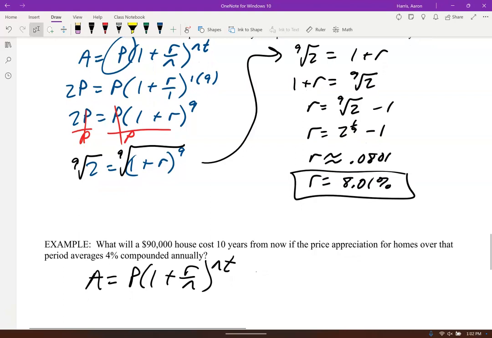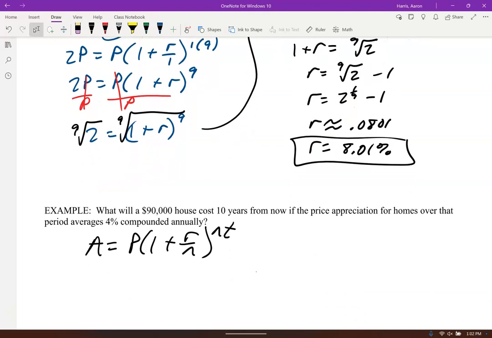So we have an initial, what's it cost at the end? What's the amount it costs at the end? $90,000 house. What's it worth in 10 years? If it goes up 4% a year compounded annually, so n is 1, and we're trying to figure it out for t being 10.